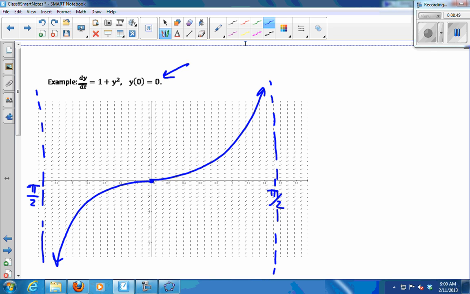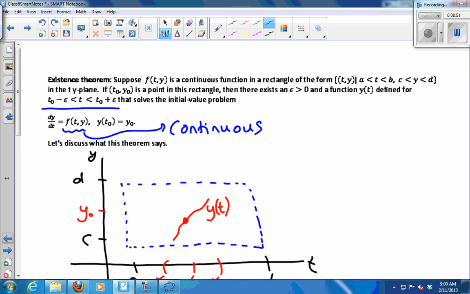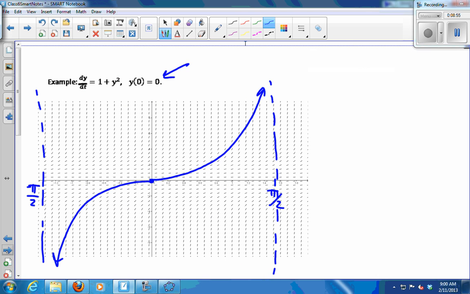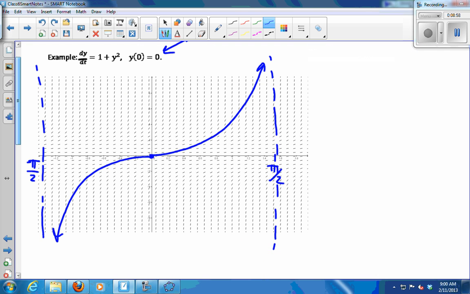So that's the whole idea: when people first started studying differential equations, finding solutions was kind of difficult, right? It takes some algebra and some thought, and people went, why are we going to try to do this if we don't even know it exists? If we don't even know that there is a solution.